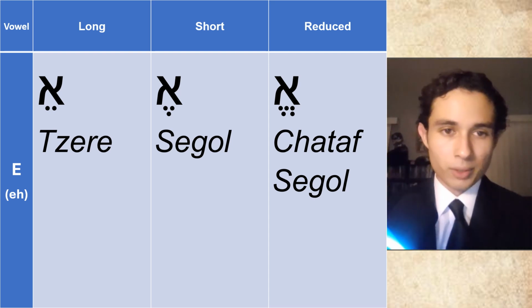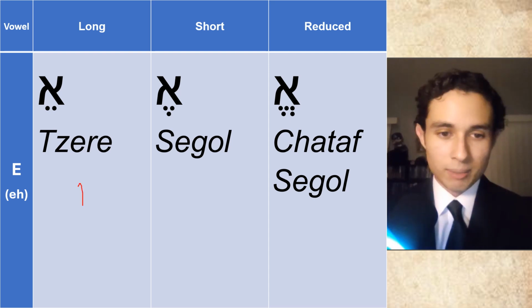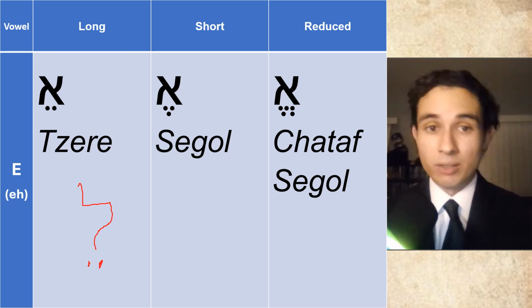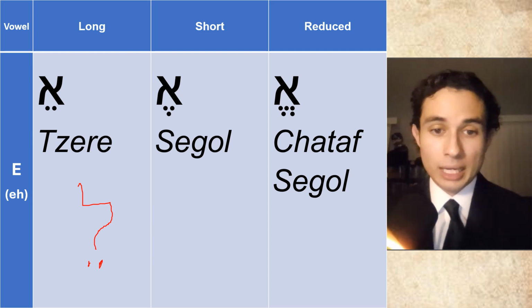So let's go over some examples. If I were to write a lamed and a tsere, now if I came from an Ashkenazi background, I'd say lay. But more Sephardic, or just a common one, is just le. Now, what about the segol? Let's do a mem and then a segol.